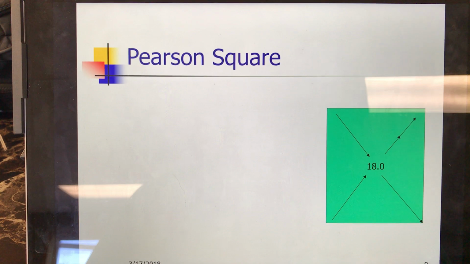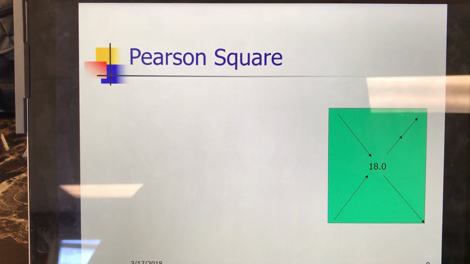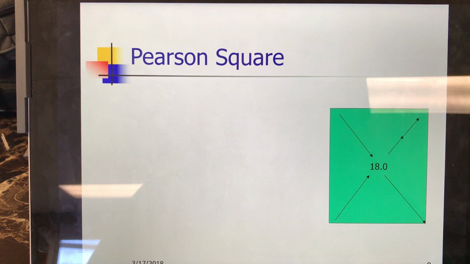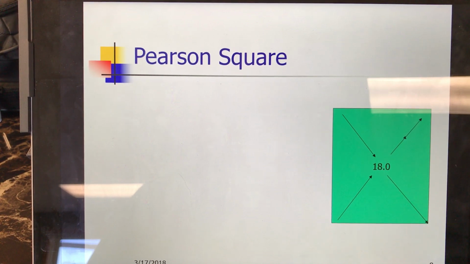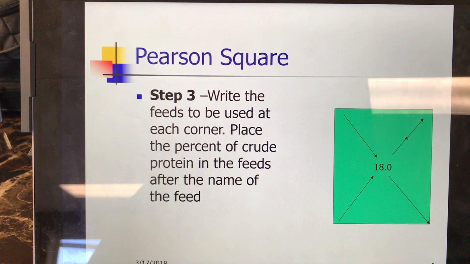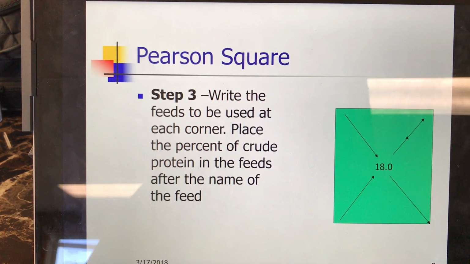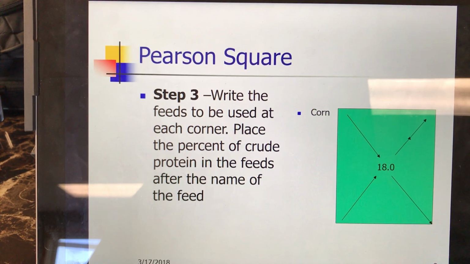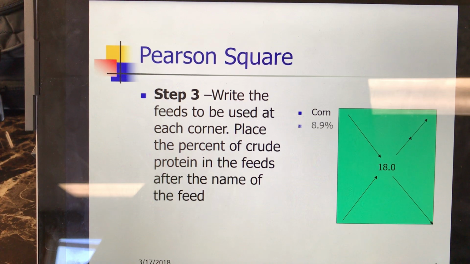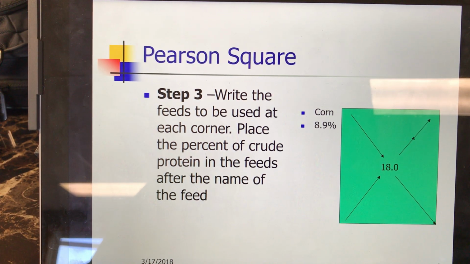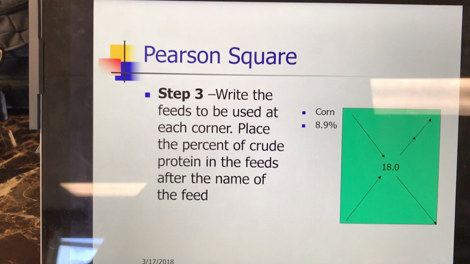So now that we've written that in the center, we need to think about our difference in finding each of those individual values. So now we're going to identify the feeds that we've used, and we're going to place the percentage of crude protein in each corner. For example, corn, as we stated earlier, was 8.9% crude protein, so we're going to put that in the upper left-hand corner.